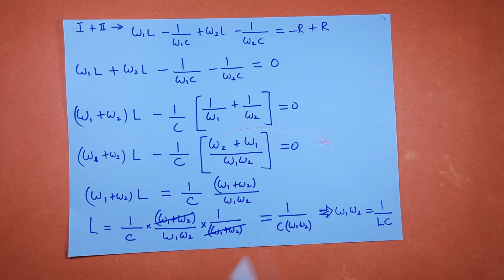So these two get cancelled. So we write L equal to 1 divided by C into omega 1 omega 2. So from this, omega 1 omega 2 equal to 1 by LC.